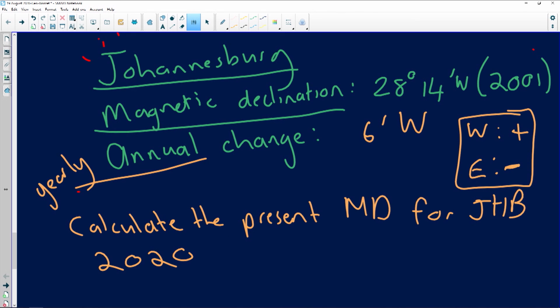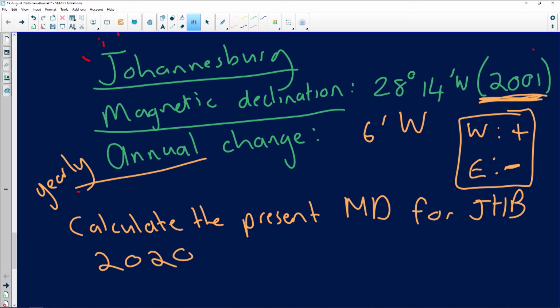Right. Now, pay attention to the date. This map, when the declination was 28 degrees, 14 minutes west, it was in 2001. Okay. So that was the declination back in 2001. But every single year, it has moved 6 minutes west.